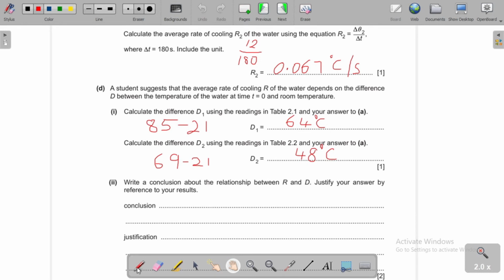Let me write R1 here, let's just call it 0.09, and R2 is 0.07, just to make our comparison.